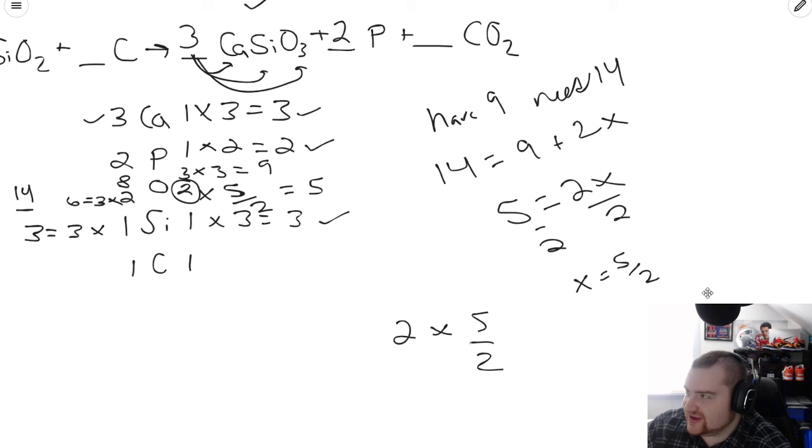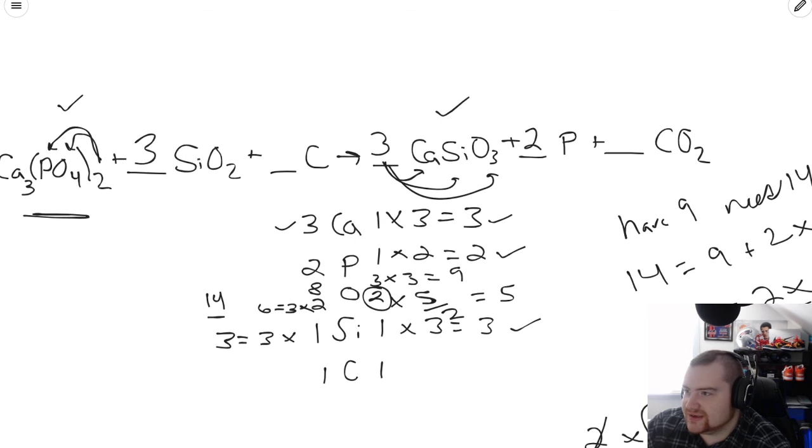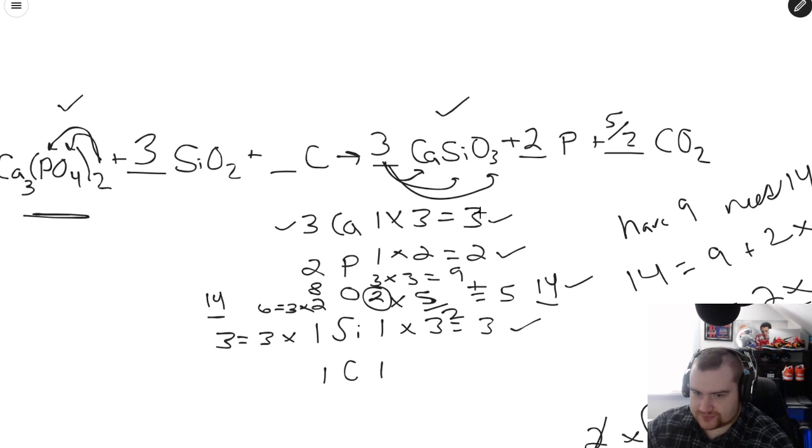Your x equals 5 halves. When we multiply it by a coefficient, we're going to do 2 times 5 halves. So when we do this, these 2 go away, and it just equals the 5. So that allows us to get 9 plus 5. That says, okay, now we have 14 oxygens on the right. So we multiply this by 5 halves, and that balances it out.